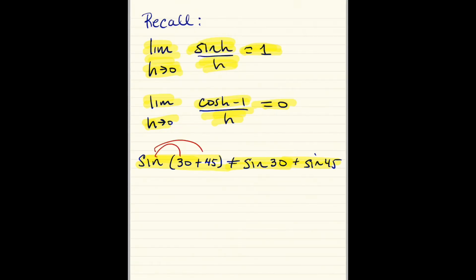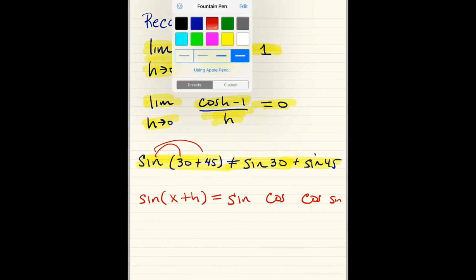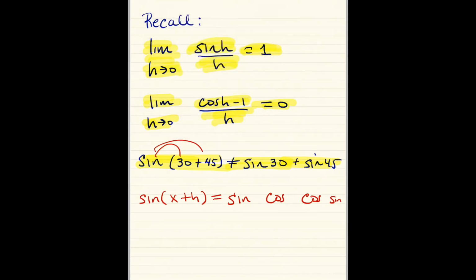But you do remember the sum of two angles, let's call it x plus h: sine of x plus h is equal to sine, cosine, cosine, sine, and then we're going to put the angles there. You're going to put this one first and then this one next. You're going to do the same thing.